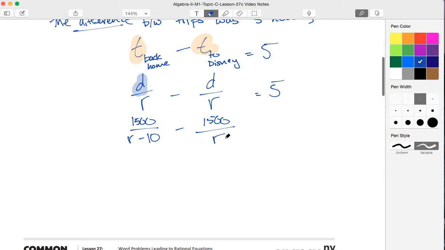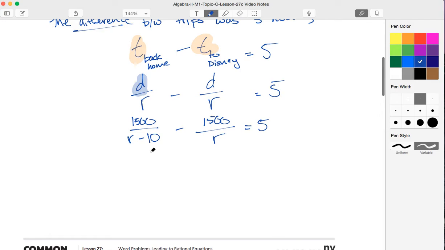Let's say she went 100 miles per hour. Then on her way home, she'd be going 100 miles an hour minus 10. So she's going slower. When you find the difference between those two times, each an entire time, you get 5 hours.